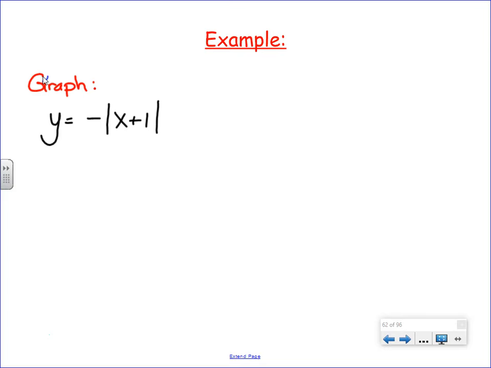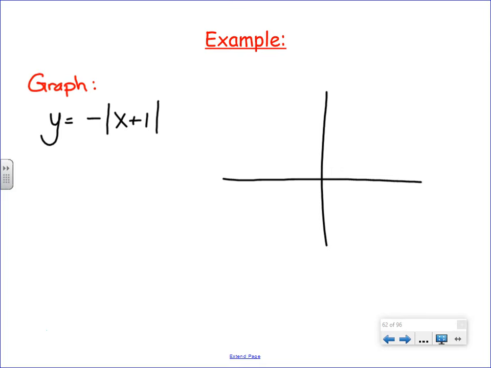Thinking about absolute value and how he behaves or acts. How would you graph him?